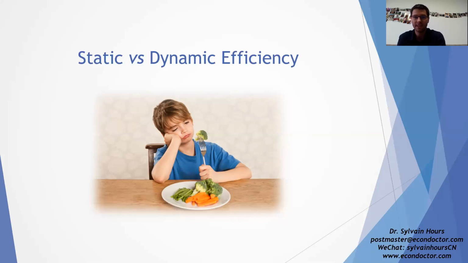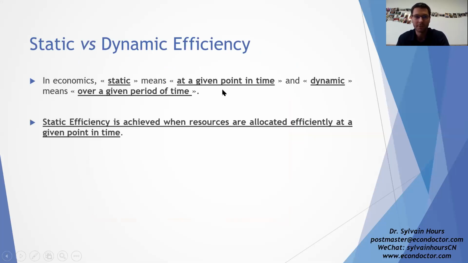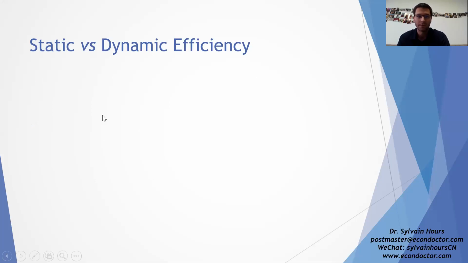Static efficiency is efficiency in the short run, and dynamic efficiency is efficiency measured over a longer period of time. So that's what I explain here. Static efficiency at one point in time, dynamic over a given period of time. Usually the definition that we give, because it's an easier definition, is just stating that static means in the short run and dynamic in the long run.